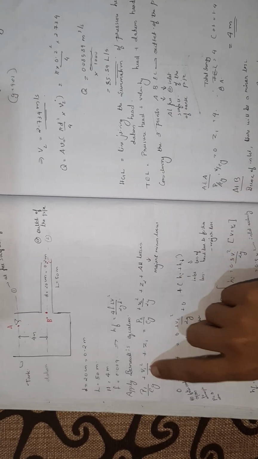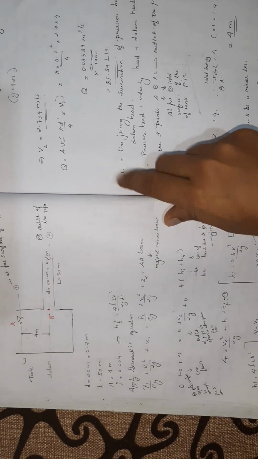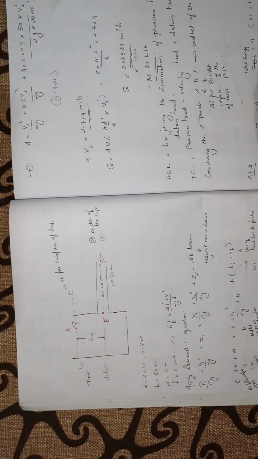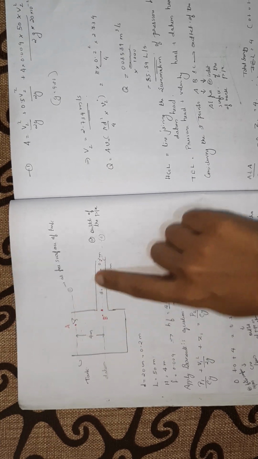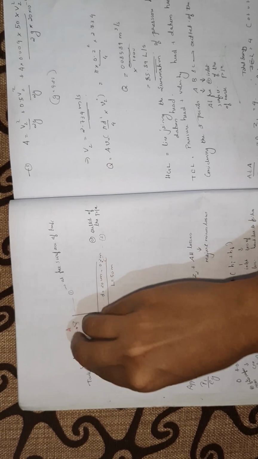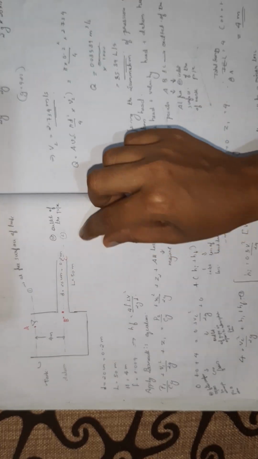That's why. And V1 square by 2g is also 0 because why? Because this is a tank, right? This is a tank and water won't be flowing in a tank and the velocity here at this point will be very much less than the velocity in the pipe, right? Because obviously the area of the tank is very much more and area of the pipe is very much less.